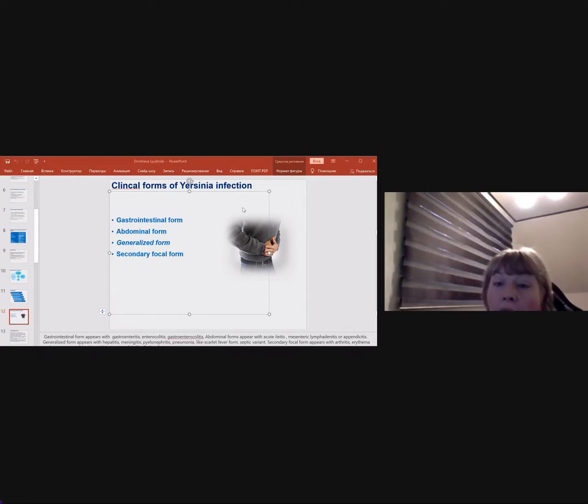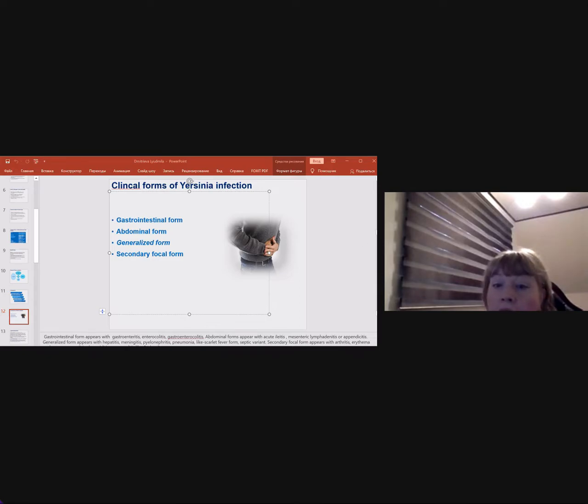Usually enterocolitis. The abdominal form of the disease appears with acute ileitis, mesadenitis, or appendicitis. You know about it. The generalized form appears with hepatitis, meningitis, pyelonephritis, pneumonia, scarlet fever-like form, septic variant.